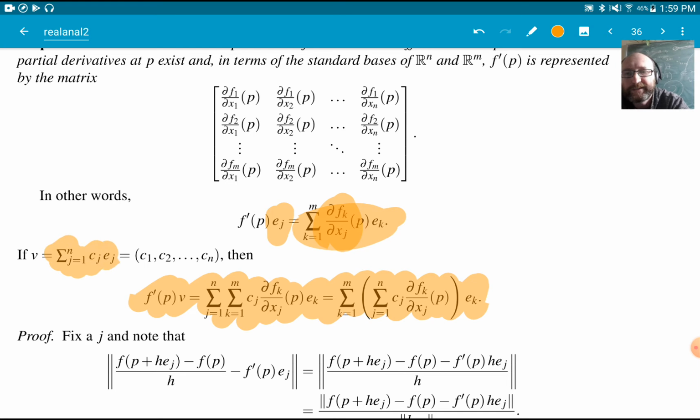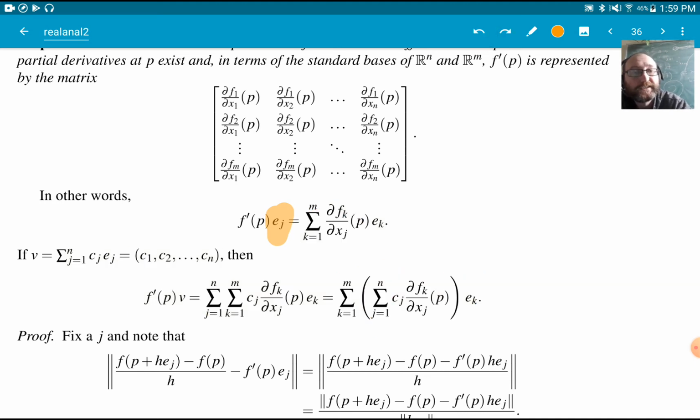If I write the vector in terms of the standard basis, it's this vector over here. That's what v is. This is the derivative applied to v. That gives you precisely what it is as a mapping. That gives you a formula for what it is.